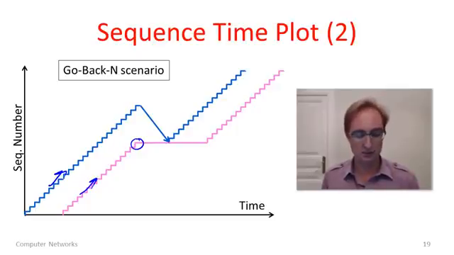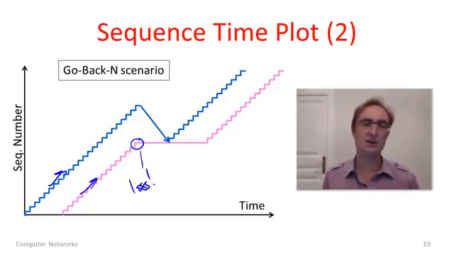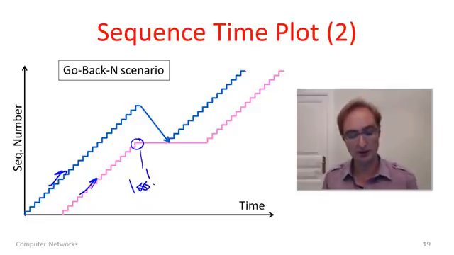What happens here? Well, we must have loss. That's because the acknowledgement number stops going up. So something's been lost and there's a hole in the receiver. Since this is a go back N scenario, the receiver couldn't get the next segment, and so it's not sending further ACKs. So this ACK number is not climbing.